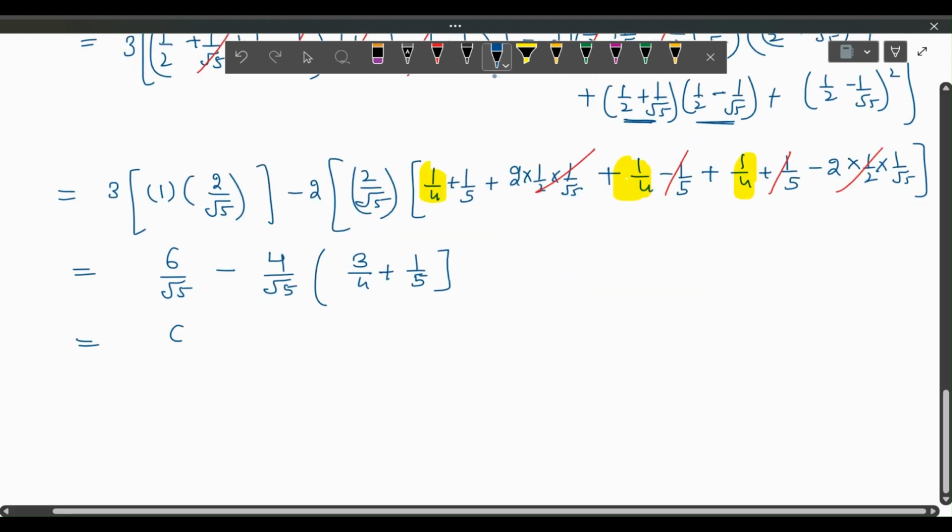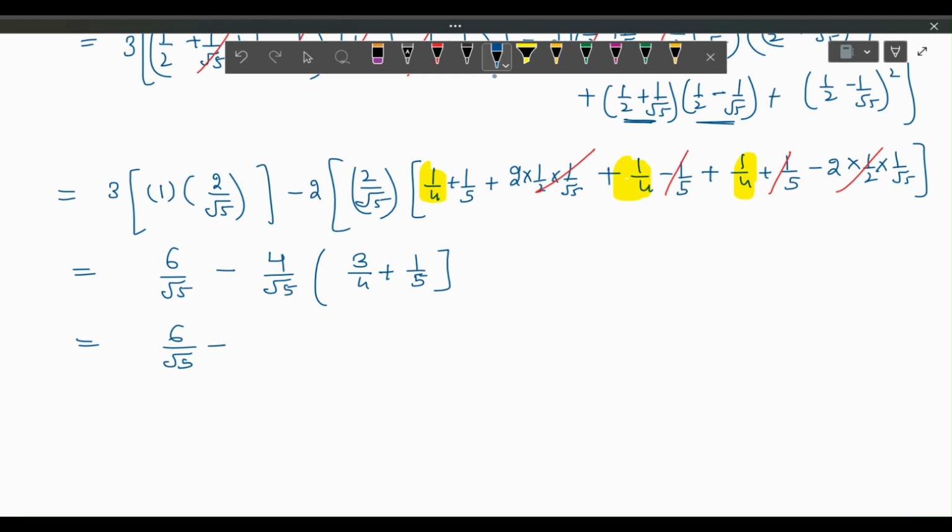So this expression is 6 over √5, multiplying, this 4 gets cancelled, so 3 over √5 minus 4 over 5√5. 6 minus 3 is 3 over √5 minus 4 over 5√5. Taking LCM, it will be 5√5, 3 fives are 15 minus 4.